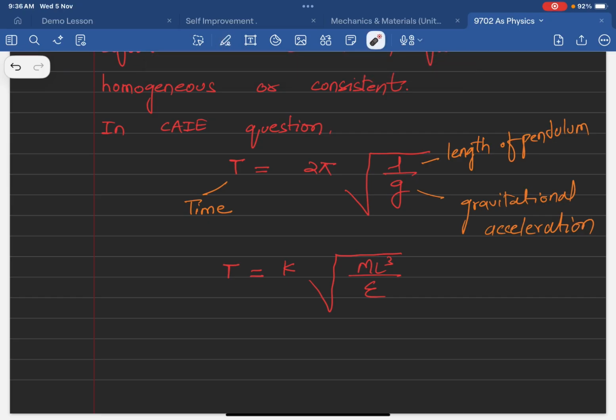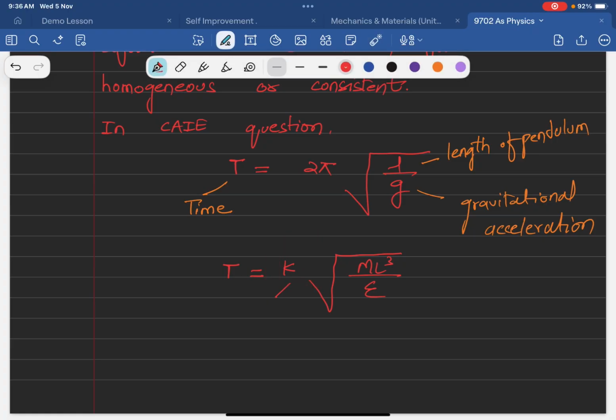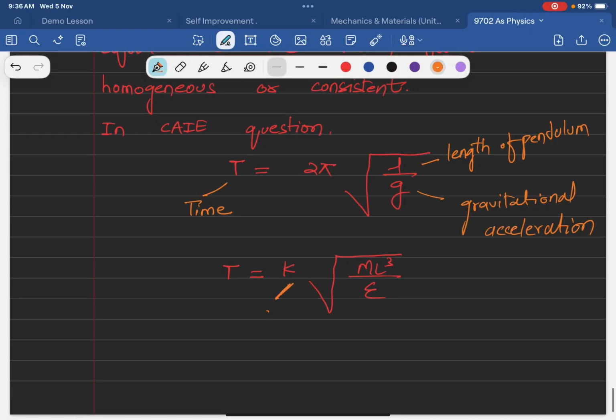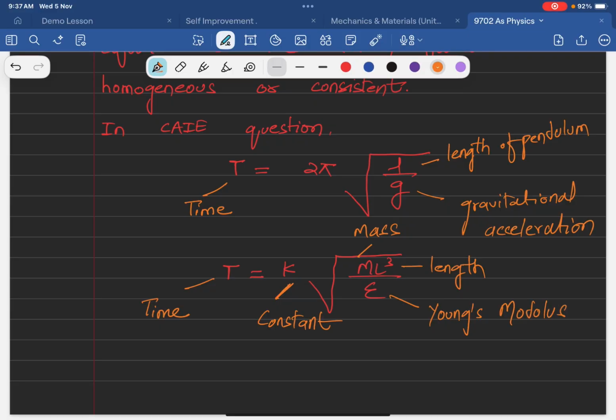The examiner will say that this K is basically a constant and ask you to find the base unit of this constant, by telling you all other variables: T is the time here, M is the mass here, L is the length here, and E is the Young's modulus here.